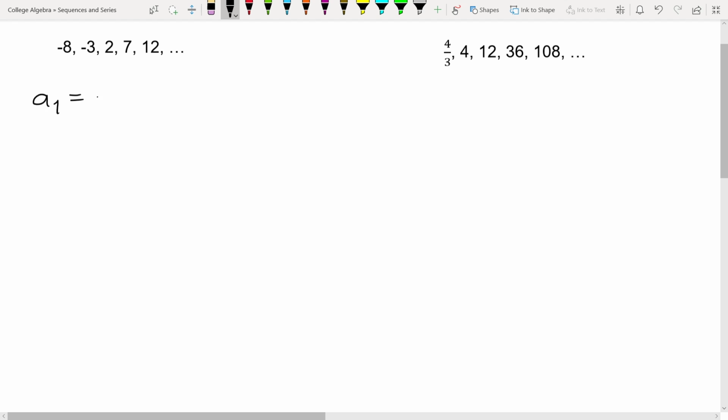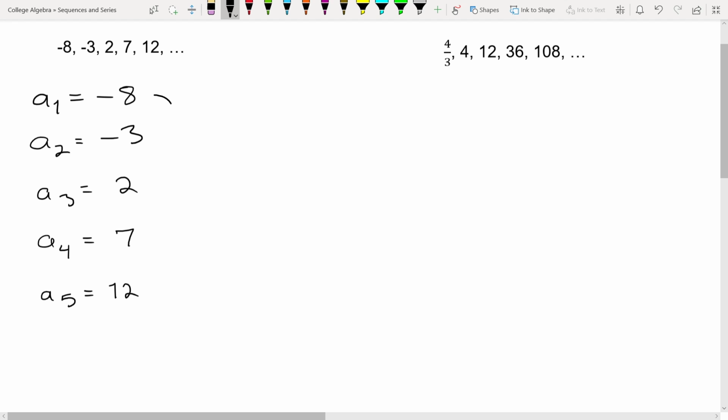A1 equals -8, A2 equals -3, A3 equals 2, A4 equals 7, and A5 equals 12. So as we go from -8 to -3, then -3 to 2, and so on, what's the pattern?